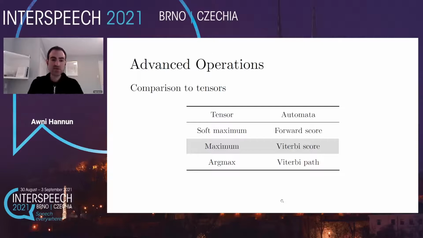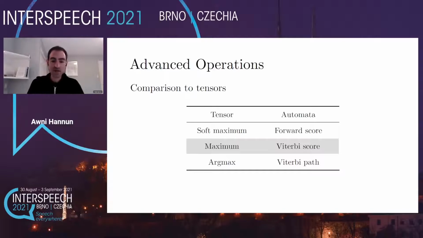There's a nice analogy from these shortest distance operations to tensors. The forward score is like a soft maximum, specifically like a log sum exp over a vector. Instead of looking for the max and extracting it, you have this log sum exp operation, which approximates the maximum as the maximum gets more and more distinct.